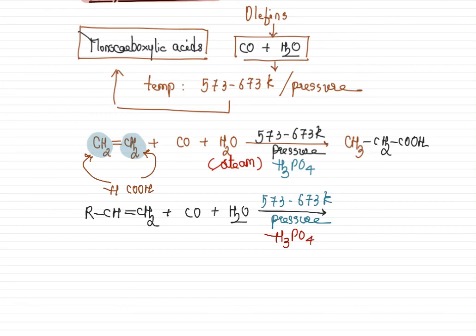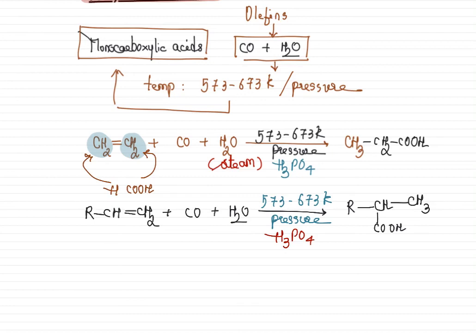Here you generally get a Markovnikov kind of product, where the major product is based on Markovnikov, with H getting added onto the carbon having more hydrogens. So you get R, CH, CH3, and COOH. One side getting H and the other side getting COOH.